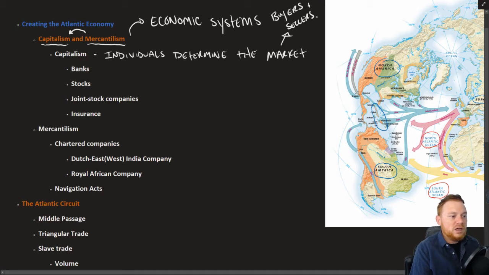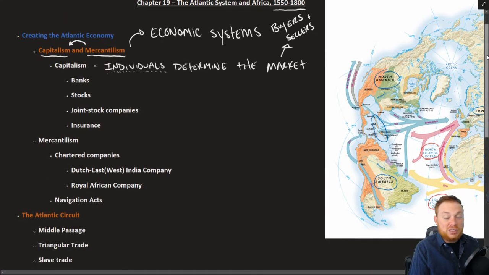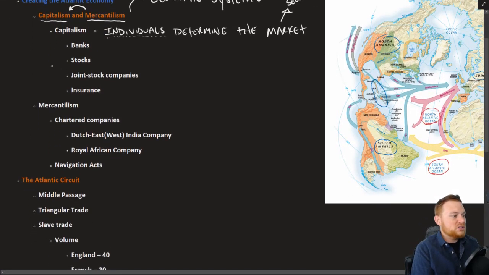So what to sell, what to buy, what price to put it at in a capitalist system, that is mostly done by individuals. However, there are also specific institutions that are a good indicator of a capitalist system. And from 1550 through 1800, in Europe especially, and all around the Atlantic system, it was this emerging capitalist system. So as time went on, you might say that this system became increasingly capitalist.